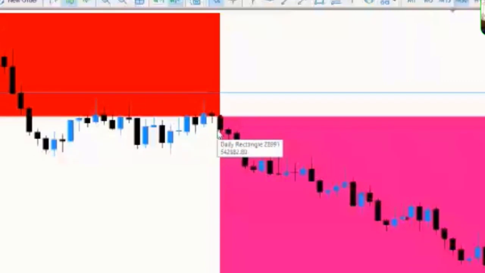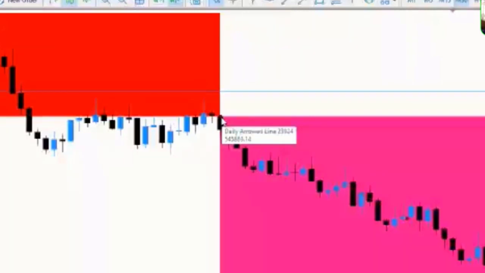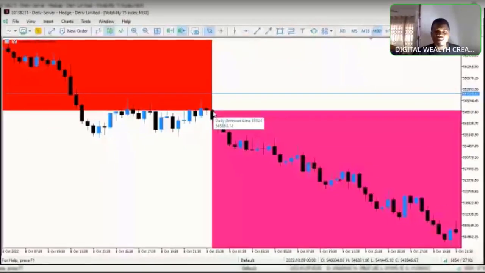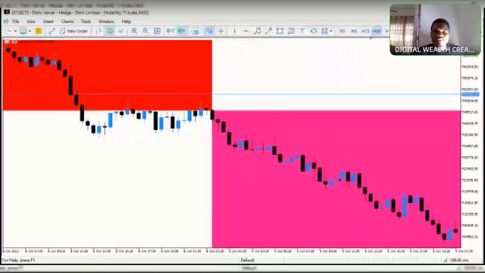The reason why we are not taking the trade over here is because we want to minimize our loss. In terms of setting stop loss, we don't want our stop loss to be big. Here, if we should enter the trade, we will enter somewhere over here at the close of this candle, and our stop loss will definitely have to be somewhere here, just at the top of this.